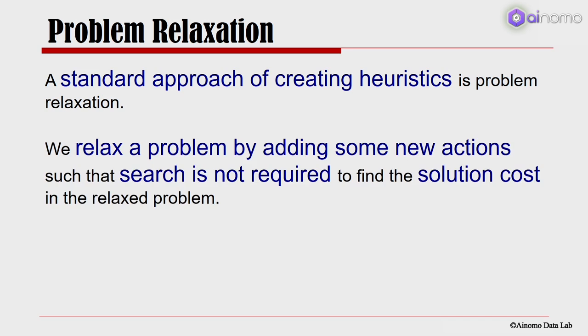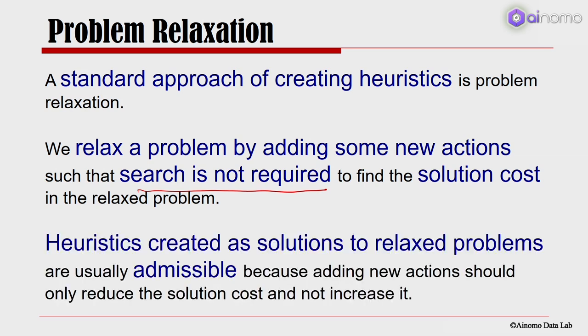By relaxation, we mean having actions possible in the problem space which are not there in the original problem, but the idea of adding these actions is such that to get to a solution, you do not need search anymore. The solution cost that I get can be directly computed without a search, and that solution cost in the relaxed problem gives me the heuristic function.